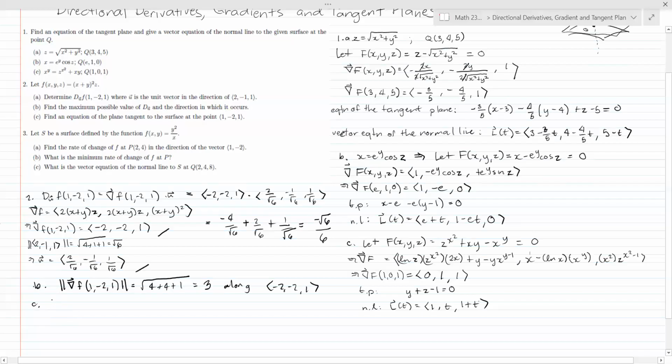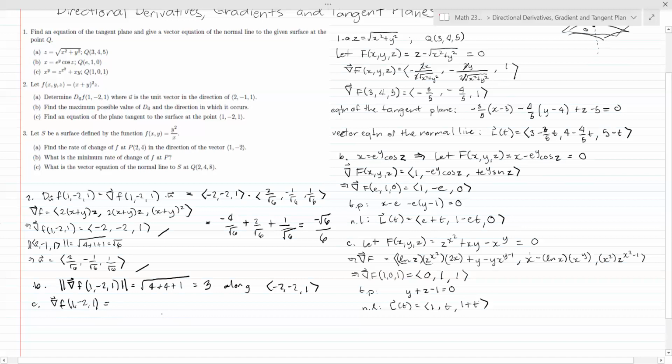So to get the equation of the tangent plane, like the techniques we used earlier, the gradient of f. So for the gradient of f at the point, why is the typesetting wrong? The point should be 1, negative 2, 1.